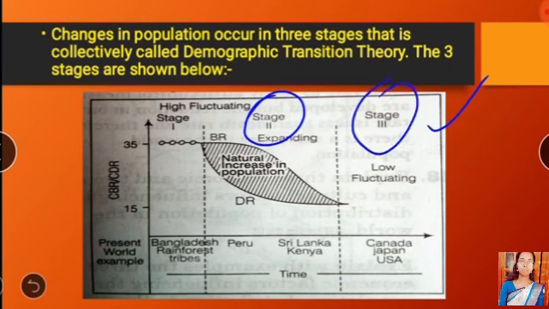In the x-axis we represent time and in y-axis we represent crude birth rate and crude death rate. As we can see, at the first stage the population is stable.